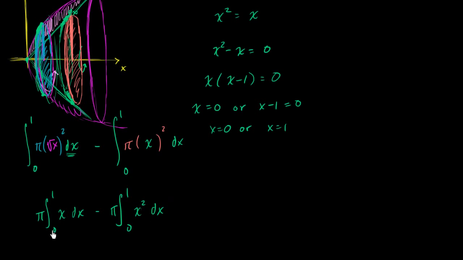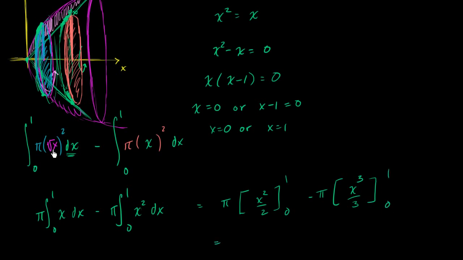dx. And we could say this is going to be equal to, actually let me just do it. This is equal to pi times the antiderivative of x, which is just x squared over 2, evaluated from 0 to 1, minus pi times the antiderivative of x squared, which is x to the third over 3, evaluated from 0 to 1.